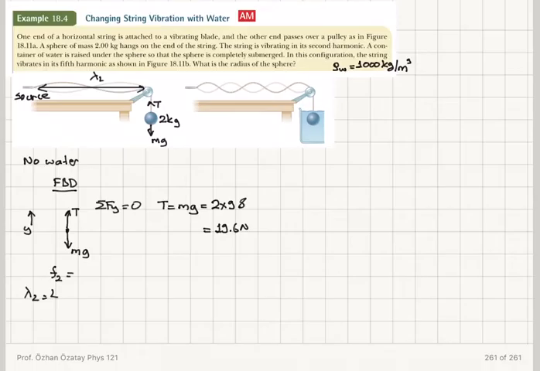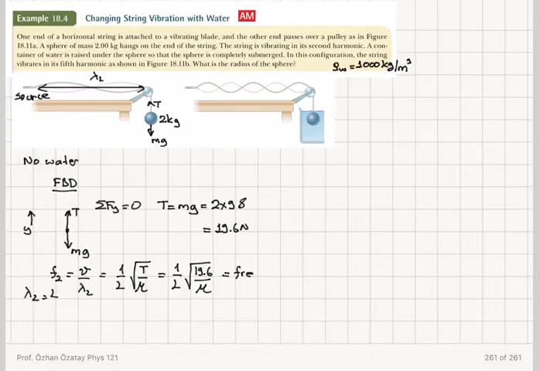So lambda 2 is equal to the length of the string. Therefore the frequency is V divided by lambda 2. It is 1 over L square root of tension divided by mass per unit length. So it is 1 over L square root of 19.6 divided by mass per unit length.